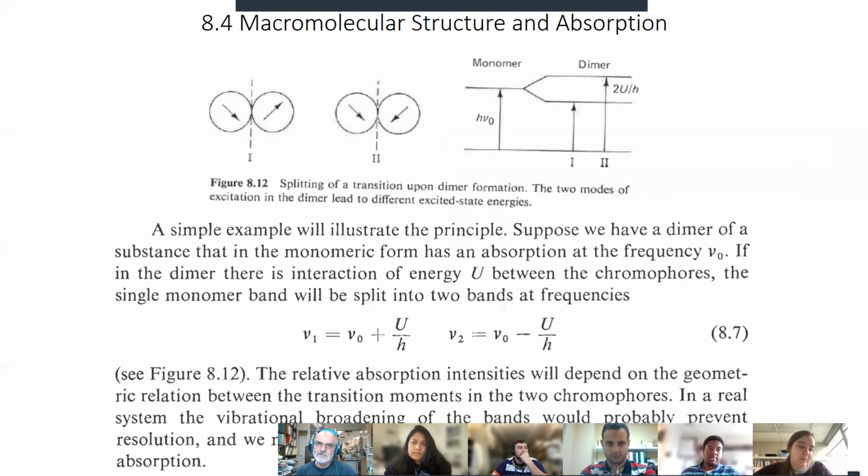Okay, so we're into a slightly different explanation for that, and they're trying to explain this sort of in terms of, again, transitions. But the fact is that when you put two chromophores near one another, so imagine these are two bases in DNA, and when they're near to each other, they might be oriented in a slightly different way, and they're interacting with one another through dipole-dipole interactions.